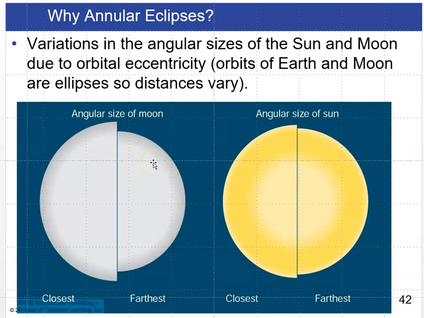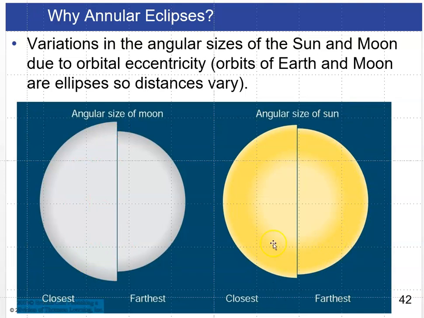The sun also has that same thing. When it's closest to the earth, it has a large angular size. When it's further away, it has a small angular size. Now, you want the disk of the moon to cover the disk of the sun to get a total eclipse. So what you really want is the closest moon at the same time you have the furthest sun.